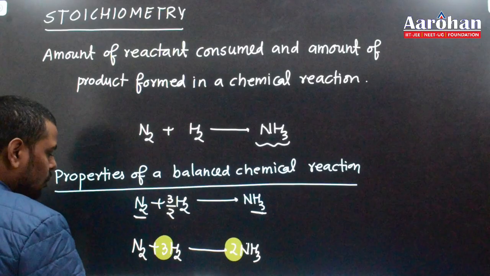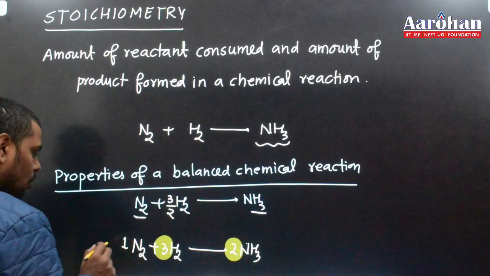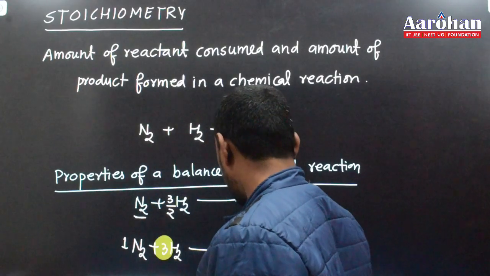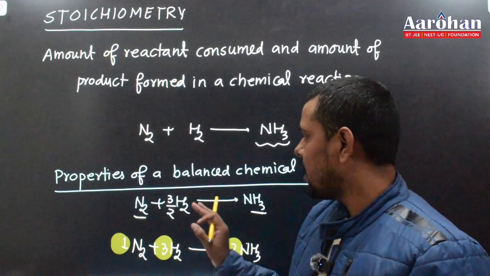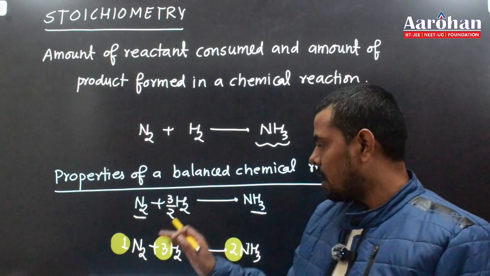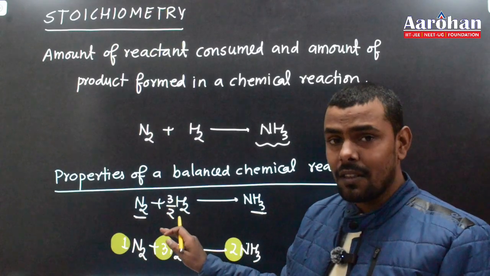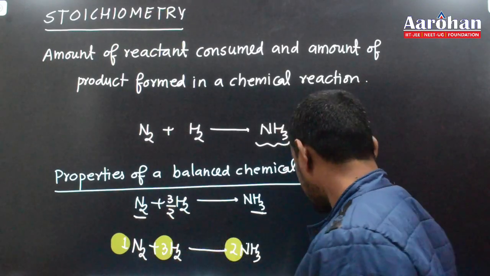And what is the coefficient of N2? Does it mean 0 or 1? It will be automatically 1 if it is not mentioned here. So the coefficient of N2 is 1. The first property of a balanced chemical reaction is that the number that appears before a species is called the stoichiometric coefficient.